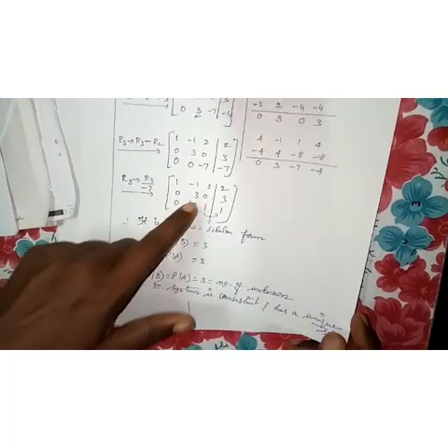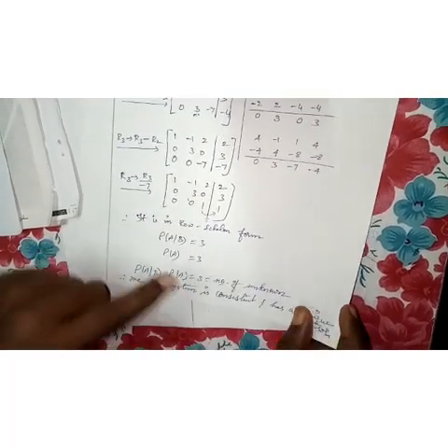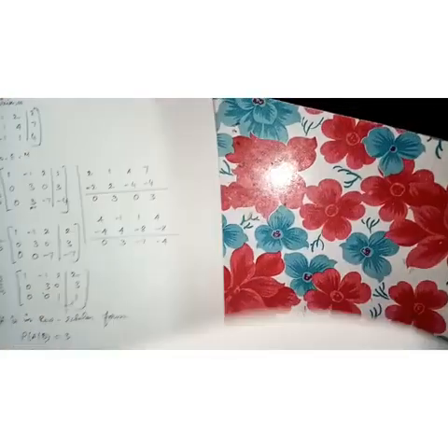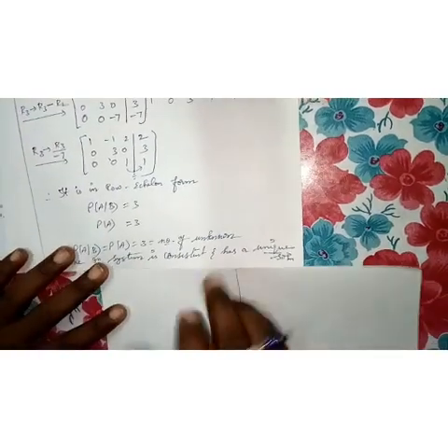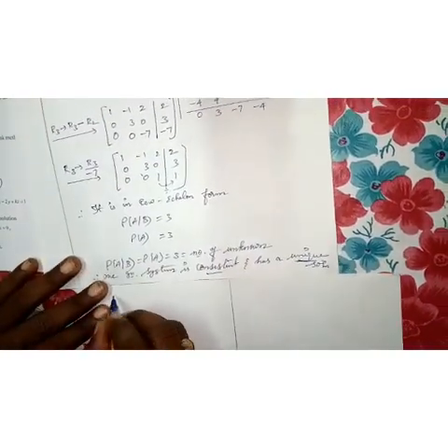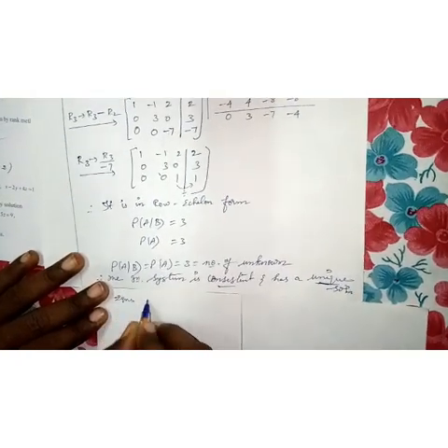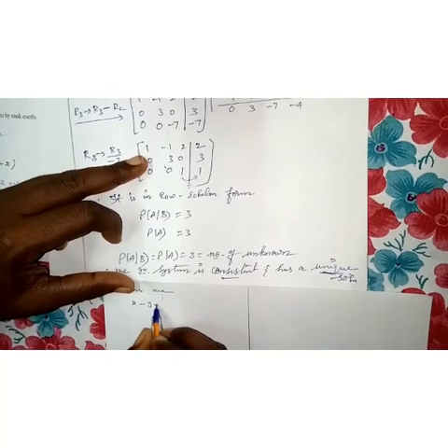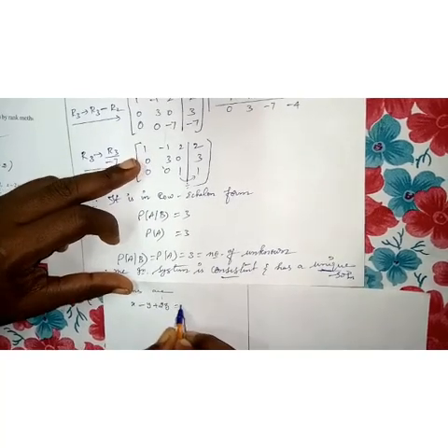Okay, after writing this, convert the augmented matrix to equations. After writing consistent, unique solution, write the equations. Equations are: x minus y plus 2z equal to 2.